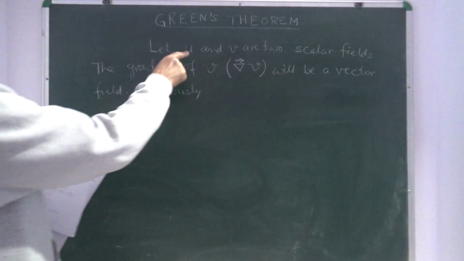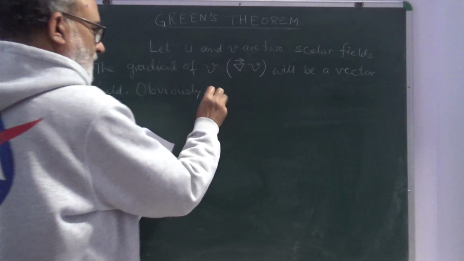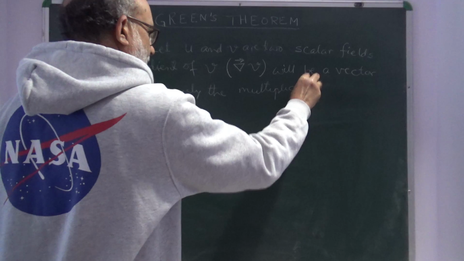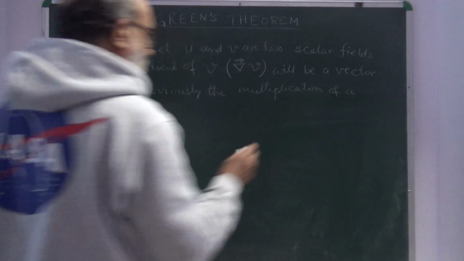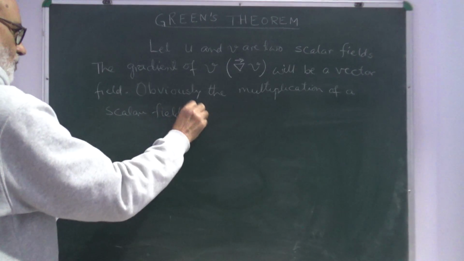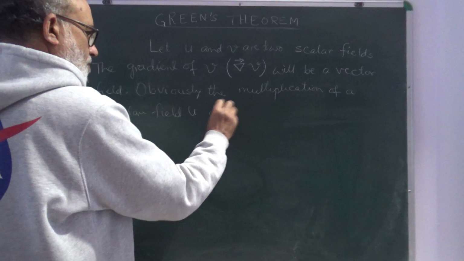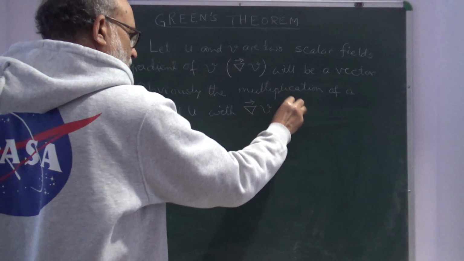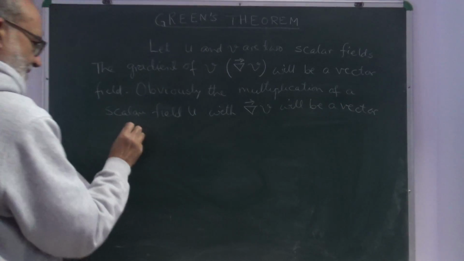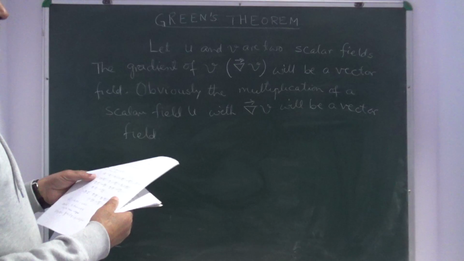The multiplication of another scalar field U with the gradient of V will also be a vector field, because we know that a scalar multiplied by a vector results in a vector.